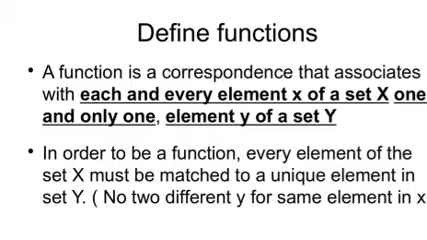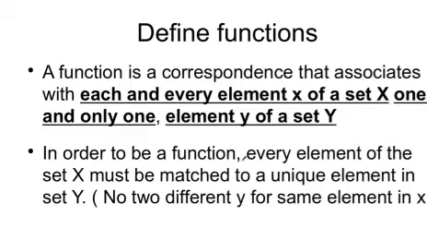I never said that. The only requirement here is that all the elements in set X, or domain as we call, should be mapped to one and only one element in Y.